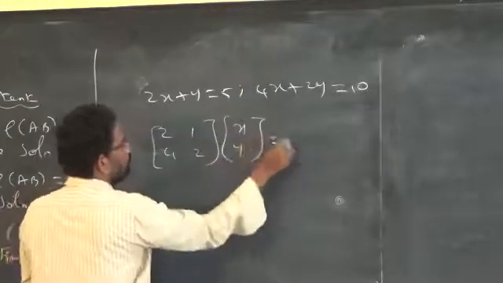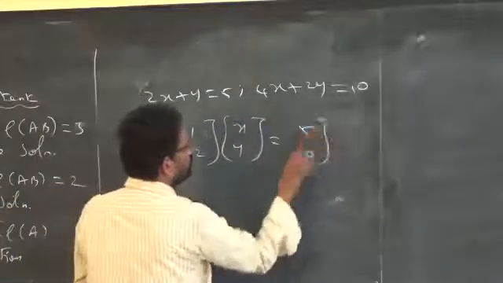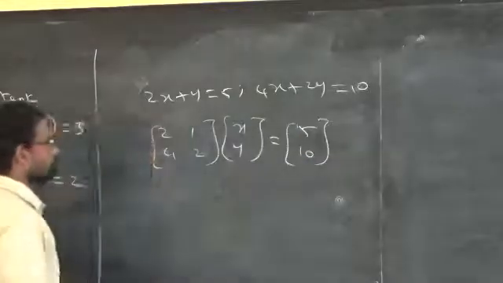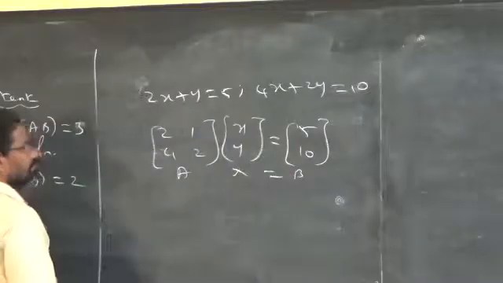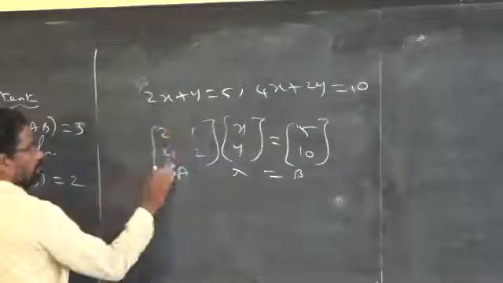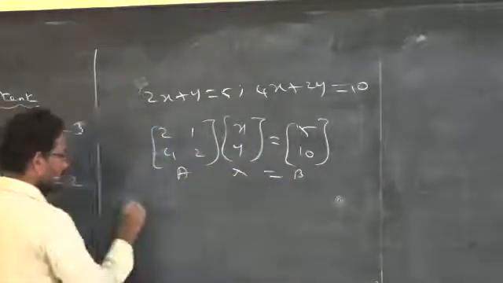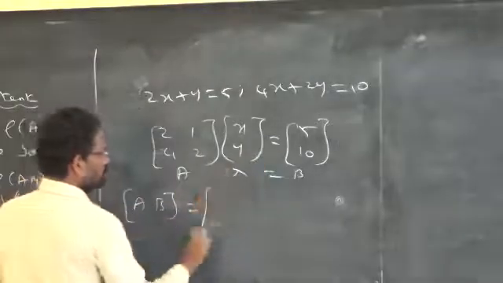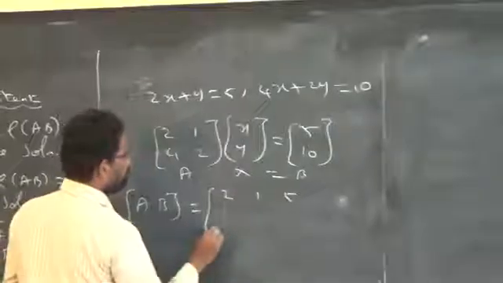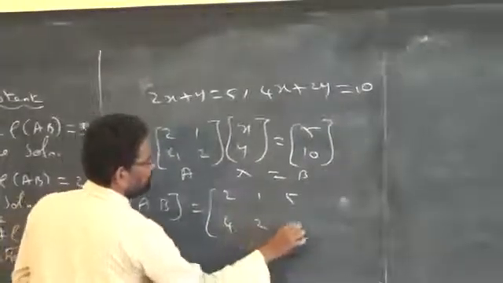That is A, x, b. This is the coefficient matrix, this is the constant matrix. Now find the augmented matrix, a combination of these two: 2, 1, 5, 4, 2, 10.